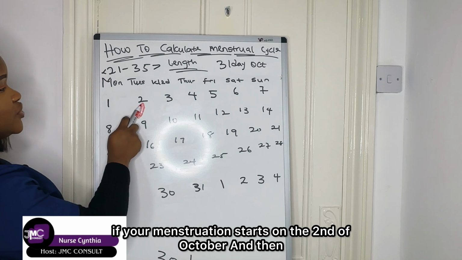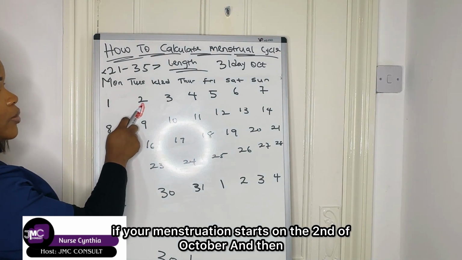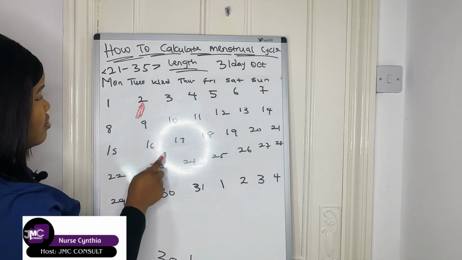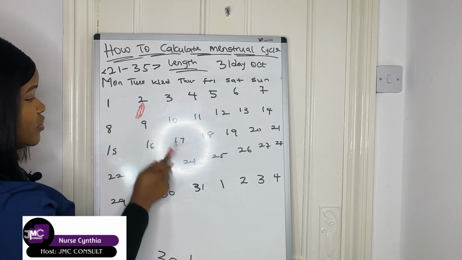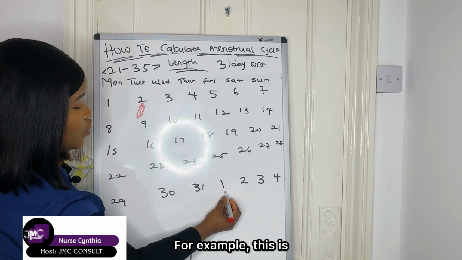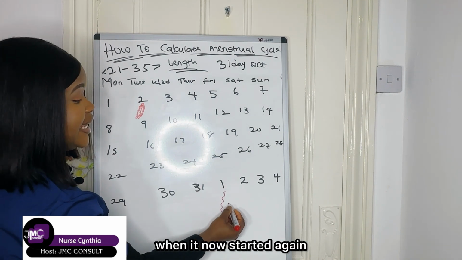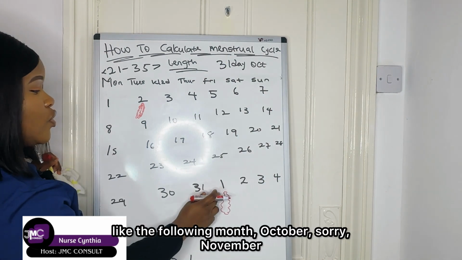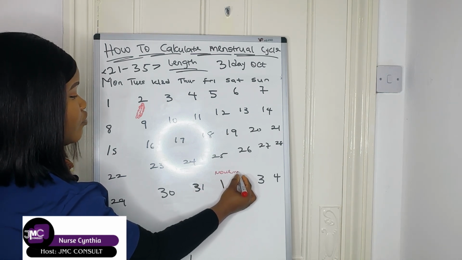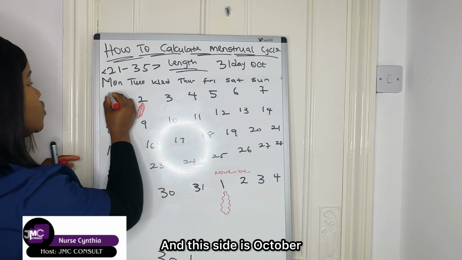So if your menstruation starts on the 2nd of October, and then it starts again on, let's assume, this is when it started again, the following month, November. This is November, and this side is October.